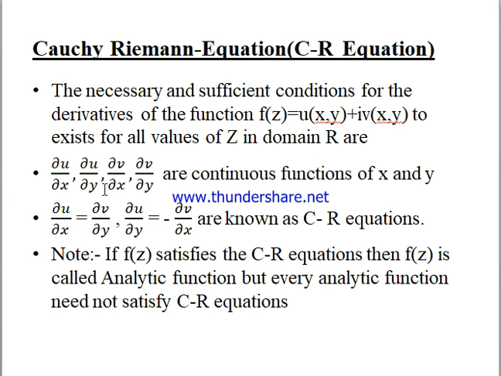So if these four partial derivatives exist and f of z satisfies these two equations, then f of z is an analytic function. That is, if f of z satisfies the CR equations, then f of z is called analytic. But every analytic function need not satisfy the CR equations.